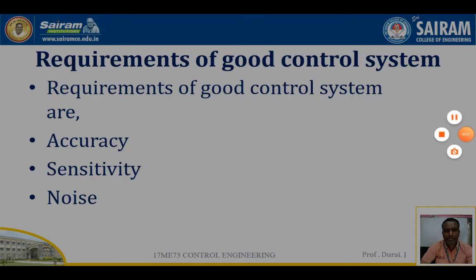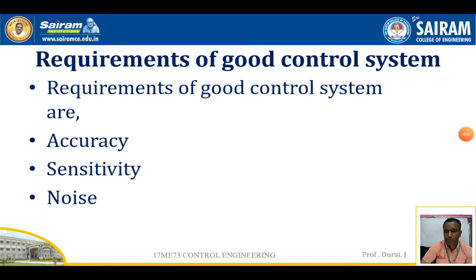Coming to the next topic, the requirements of a good control system: accuracy, sensitivity and noise. A good control system has to provide accuracy, that is, accurate values, and low sensitivity, meaning it does not change its values.